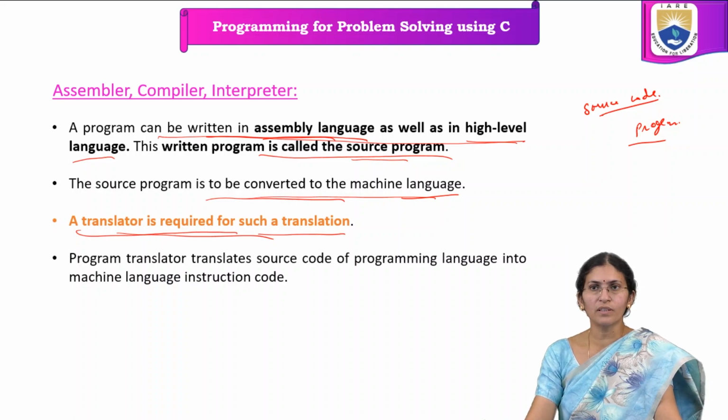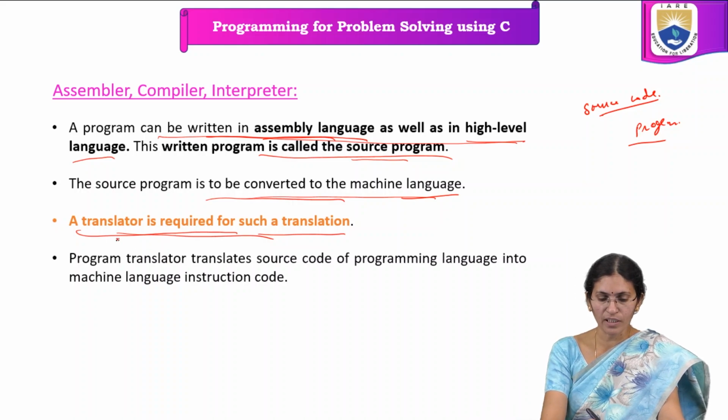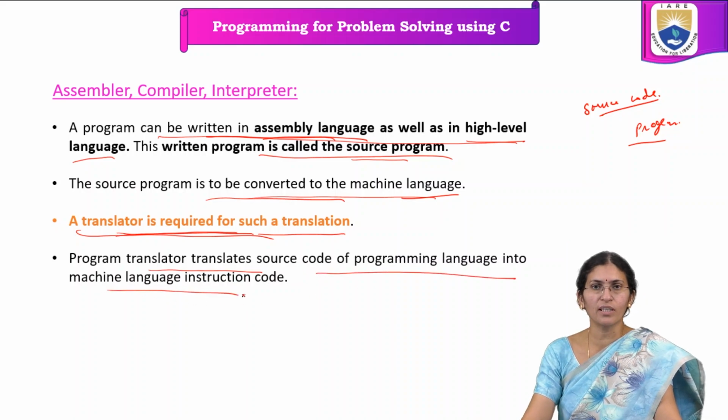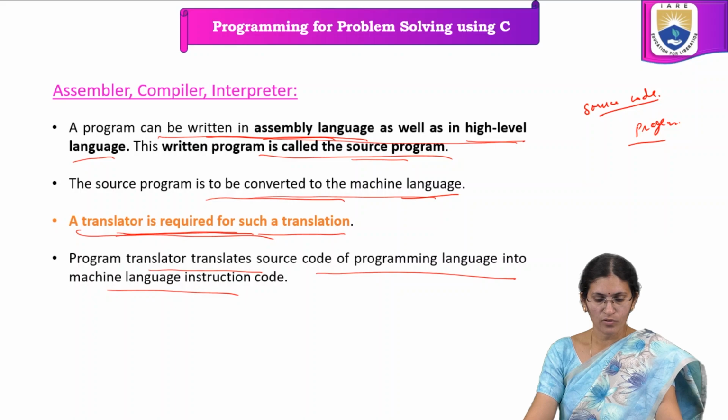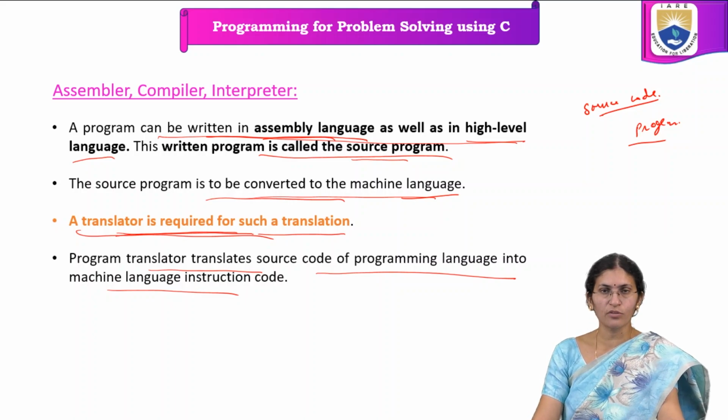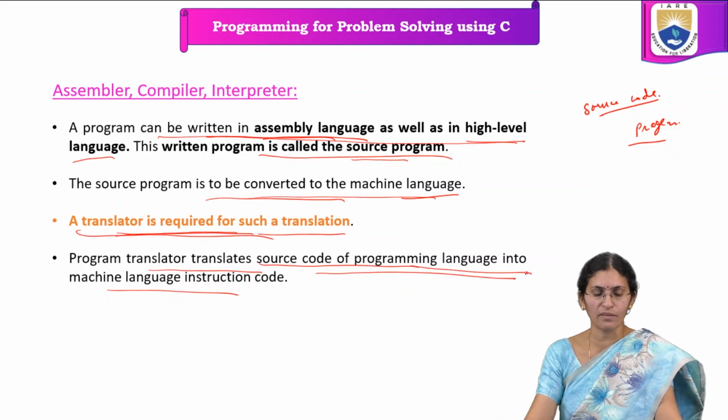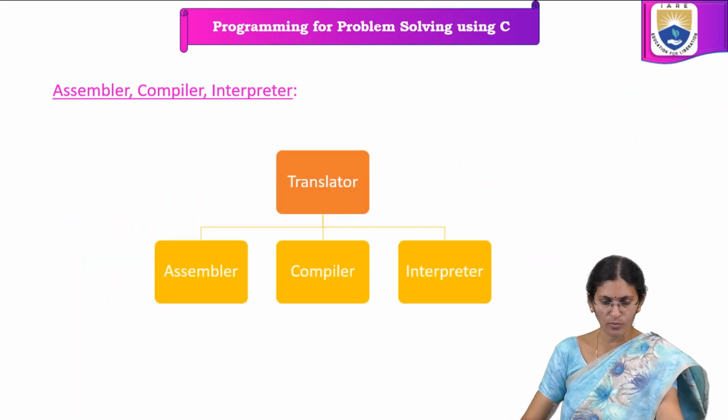In order to convert human-readable language to machine language, we have translators. A program translator translates the source code of the programming language into machine language instruction code. That is the main purpose of a translator.